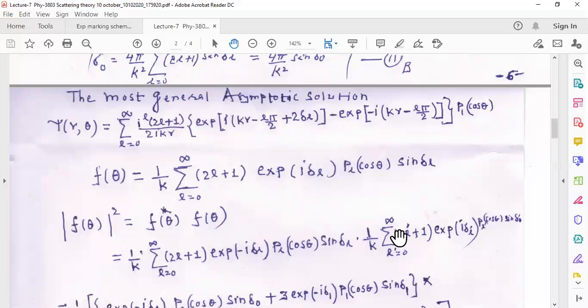So it is 2L dash plus 1, then exponential of i delta L dash, P_L dash of cos theta, and sin delta L dash. You know this, correct? Is this step correct?